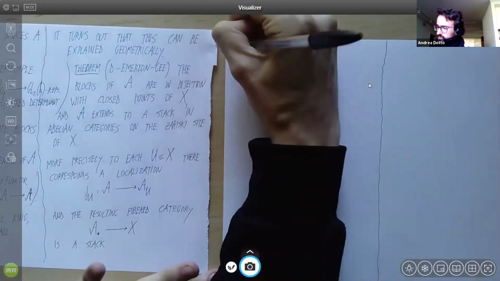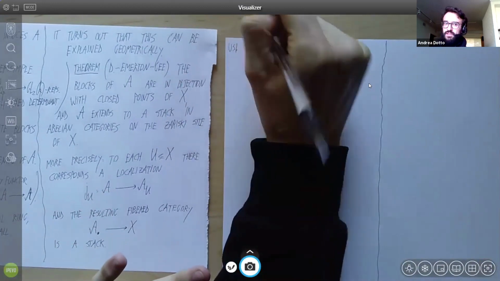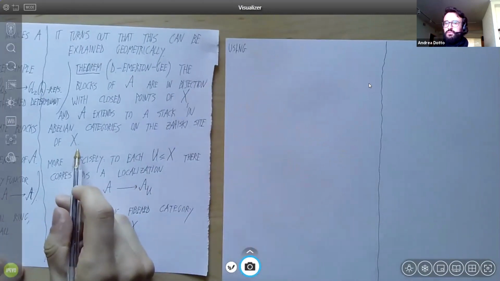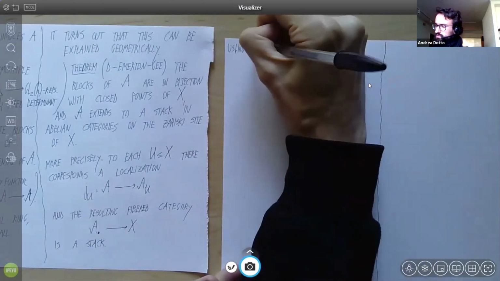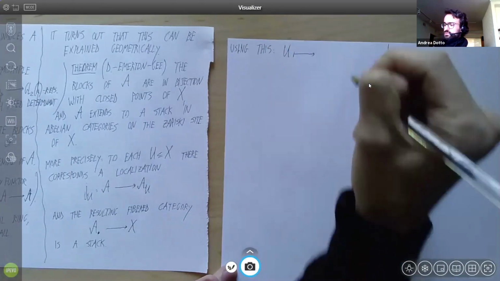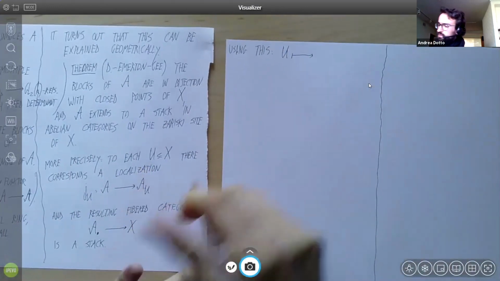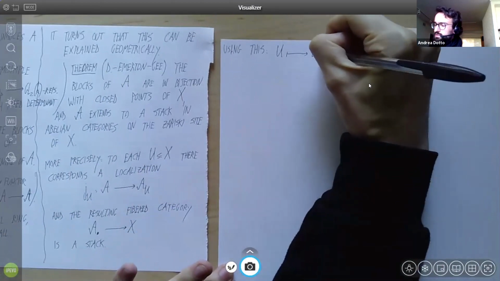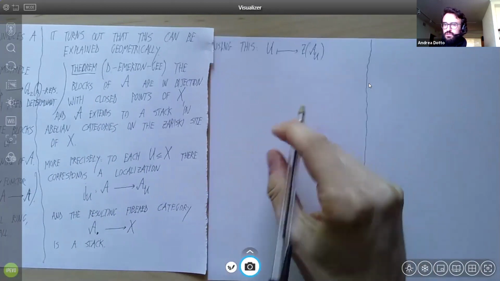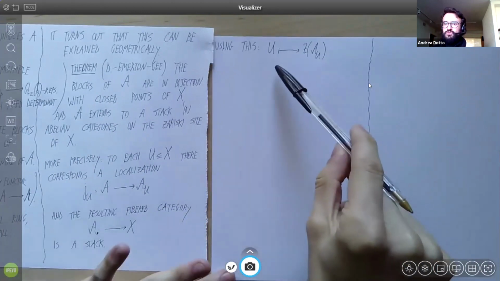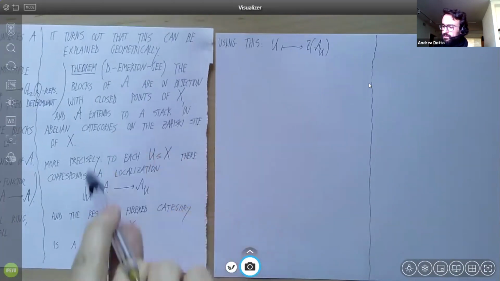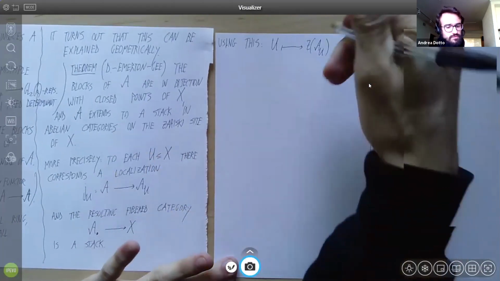An immediate application of this theorem is that I can build a new sheaf of rings on this topological space. I can attach to every Zariski open subset the center of a localized category A of U. By a formal argument this turns out to be a sheaf of rings, but we can actually prove by the same argument that tells you this is a stack that this is a sheaf.